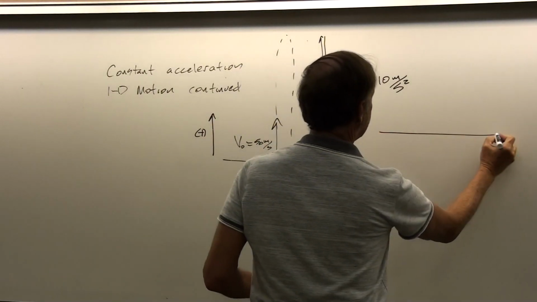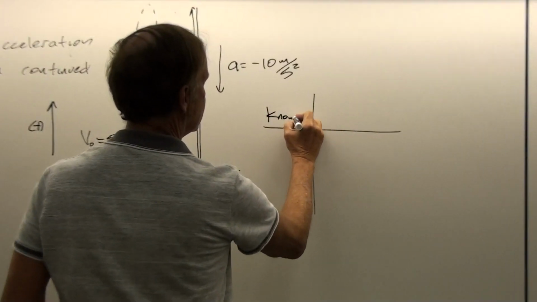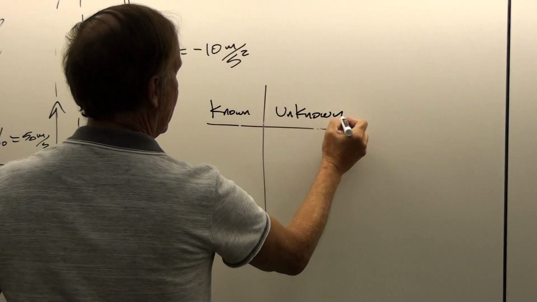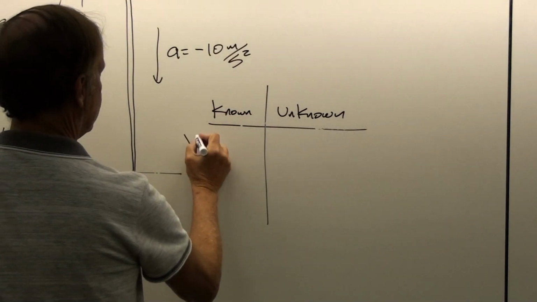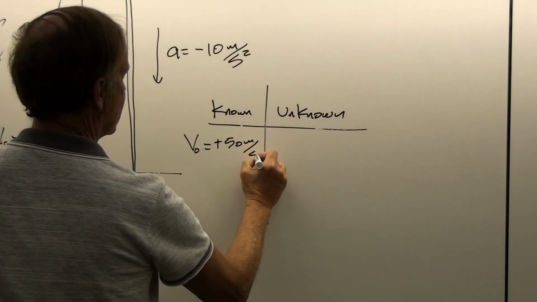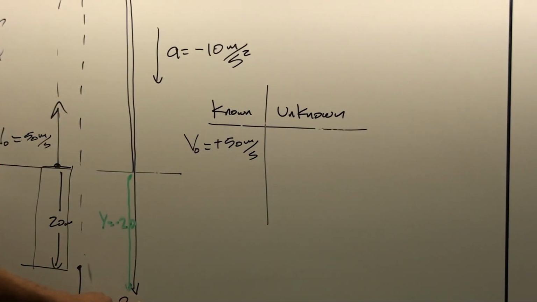And the quickest way to do that, again, is to set up a table of knowns and unknowns. And we need to know 3 out of 5. So here we've got v initial equals plus 50 meters per second. And we're going up and back down, so this is our final point now.